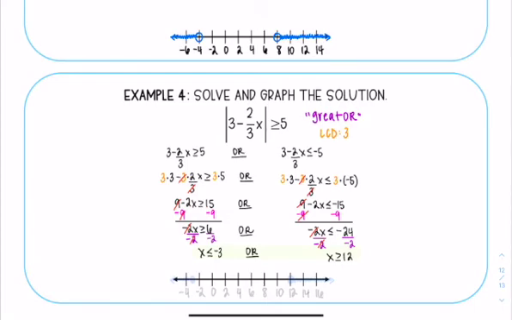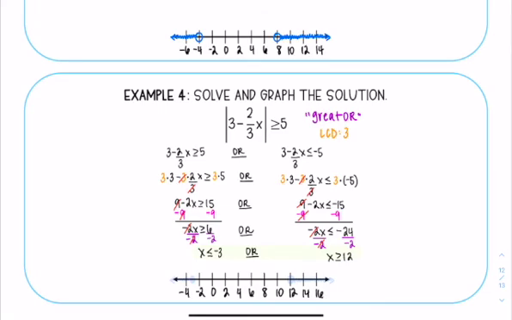And so we need to plot this and write out our numbers. So again, I'm going to go by 2's. Negative 4, negative 2, 0, 2, 4, 6, 8, 10, 12, 14, 16.